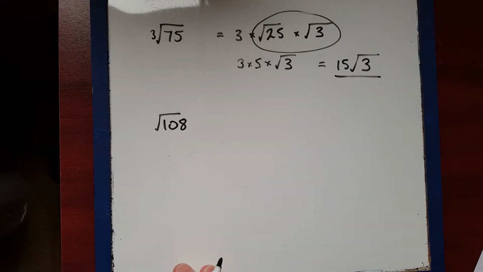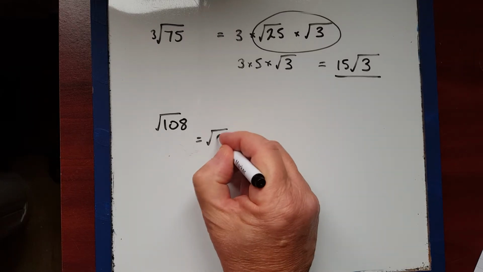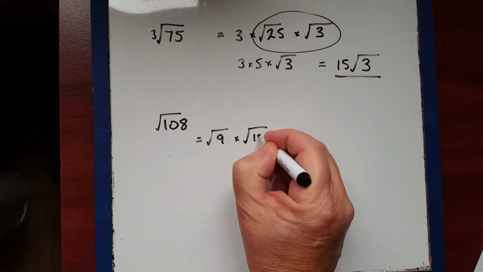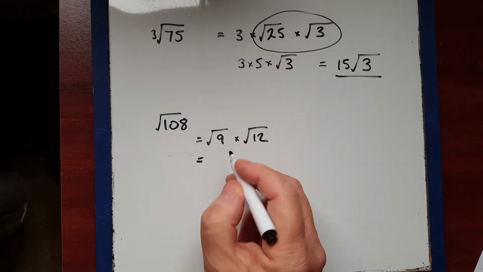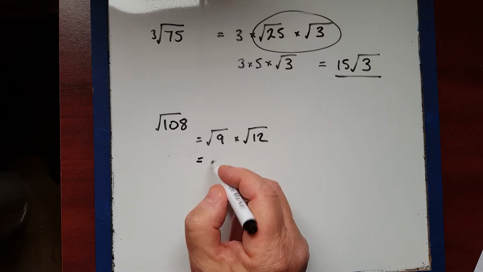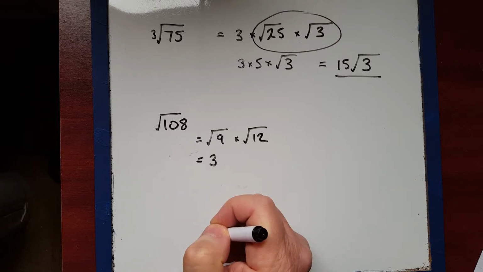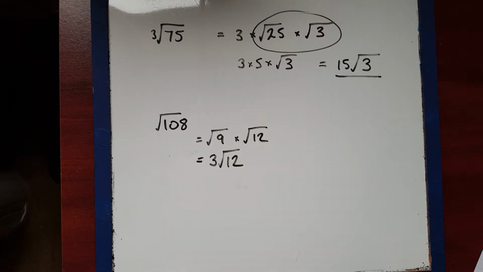The best that I can think of to multiply it using a square number would be 9 twelves. So 108 could be the square root of 9 times the square root of 12. We then know, of course, that 9 has a square root of 3. And we don't know what the square root of 12 is, so it becomes 3 lots of the square root of 12.